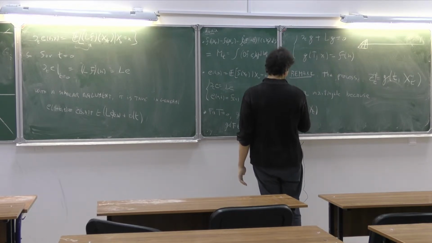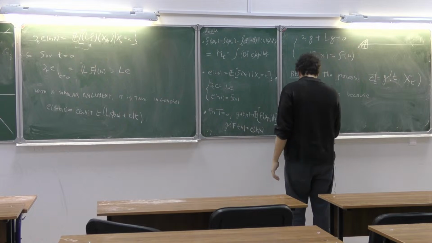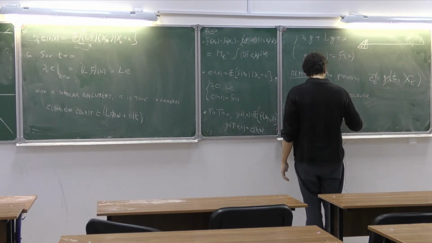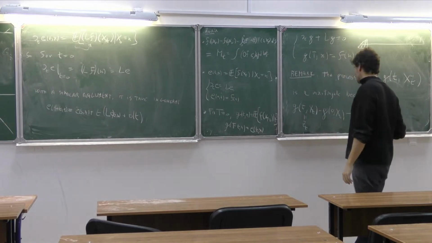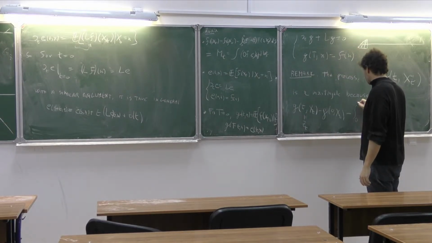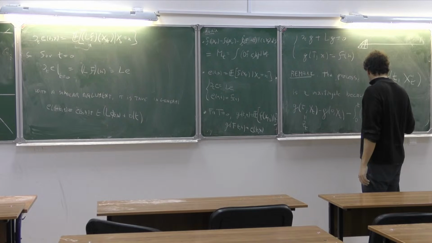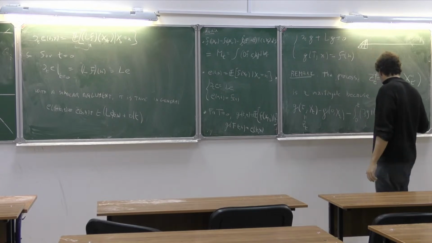Okay. g of t and xt is zt minus g of 0 and x0, minus the integral between 0 and t of (∂_s g + Lg)(s, xs) ds.